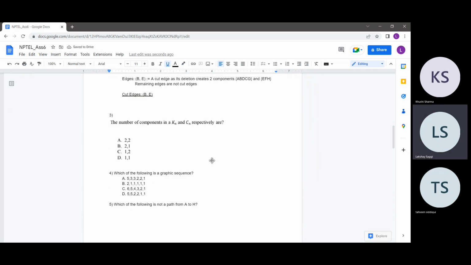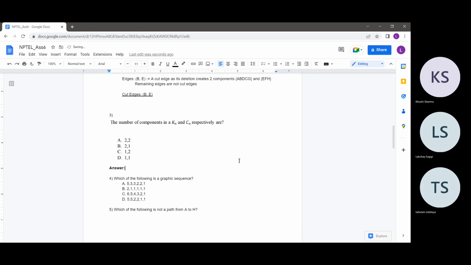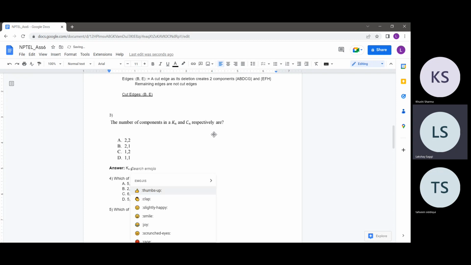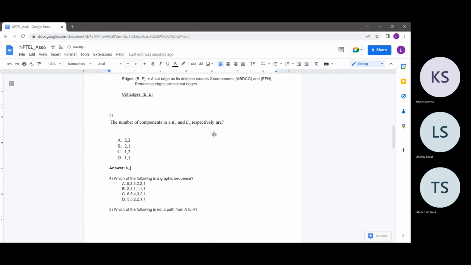So the third question is asking us, the number of components in a Kn and Cn respectively. You must have already seen in lectures what Kn is. Kn represents a complete graph on n vertices.